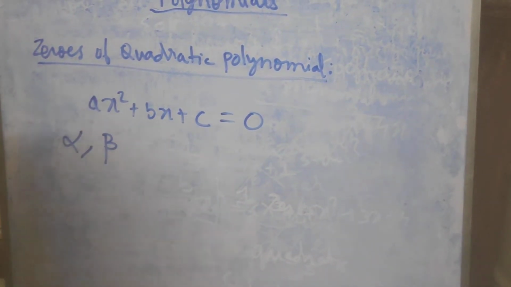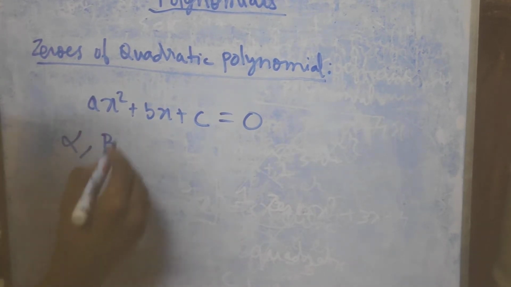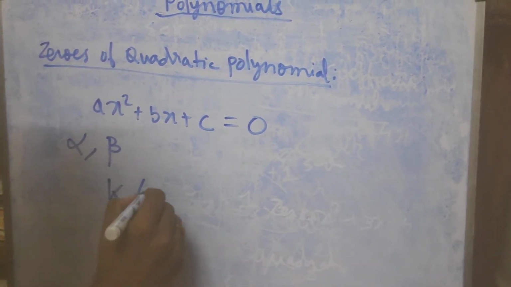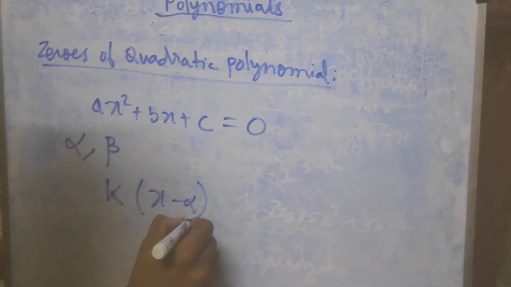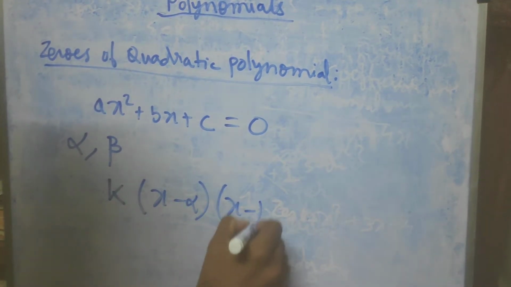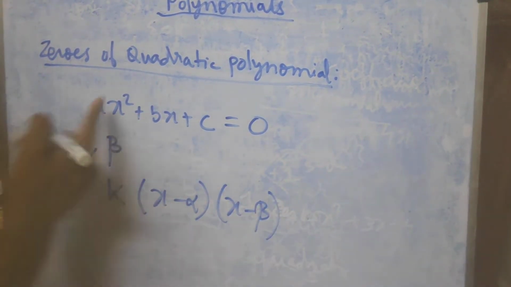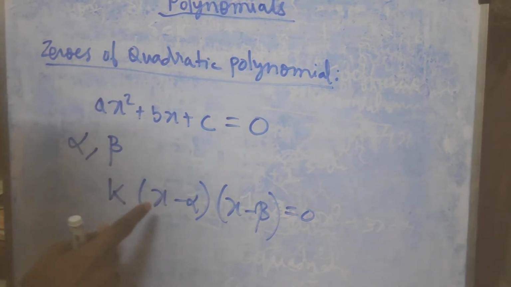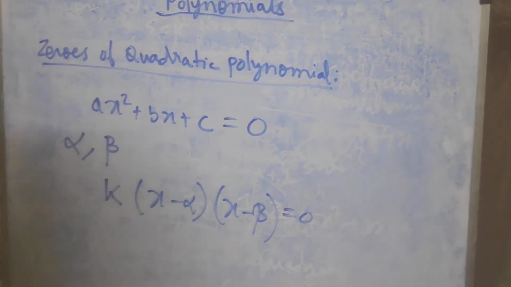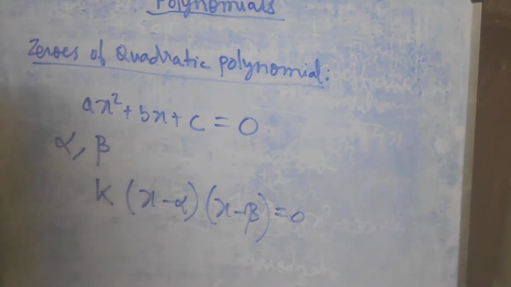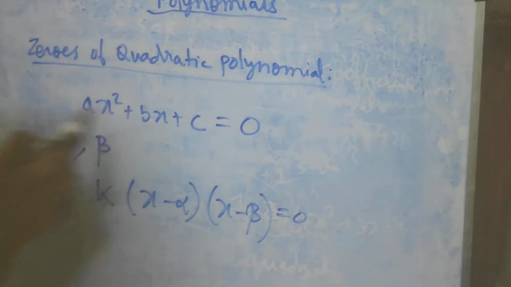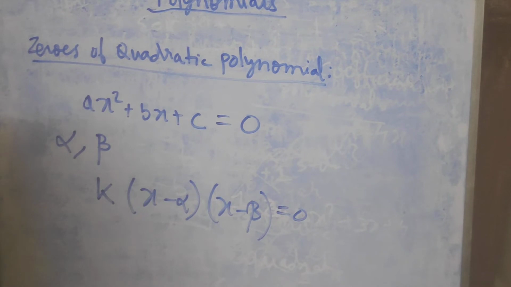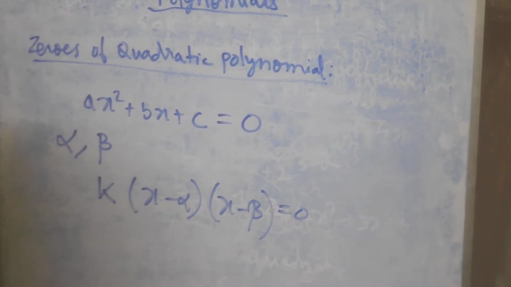I can write the whole expression as follows: k into (x minus alpha) into (x minus beta). This is equivalent to the original expression, but I am writing it in terms of zeros rather than coefficients. These a, b, c are coefficients: a is the coefficient of x square, b is the coefficient of x, and c is the constant term.